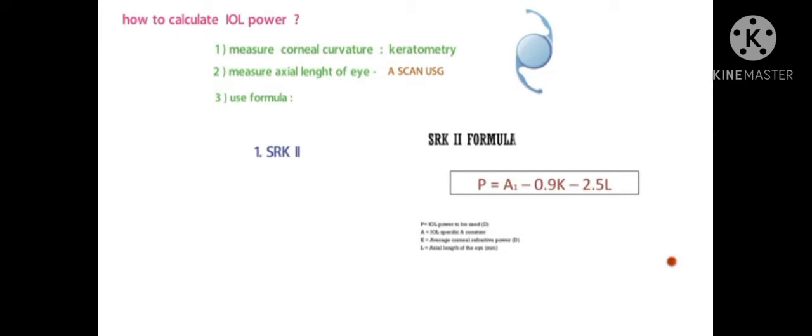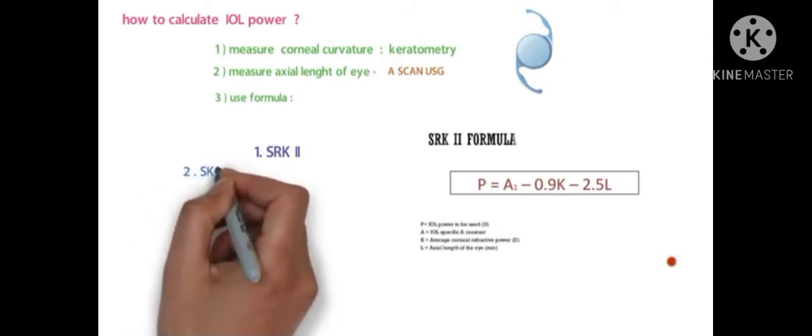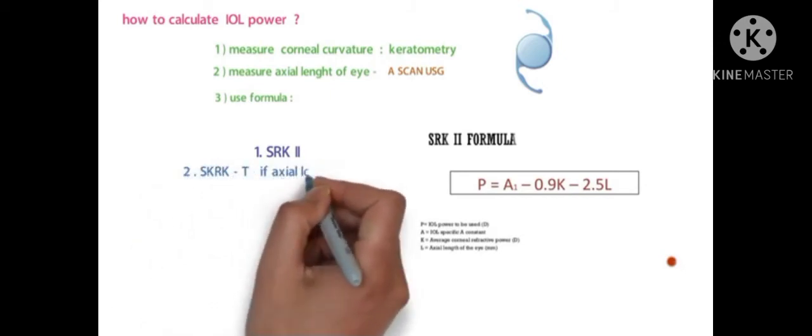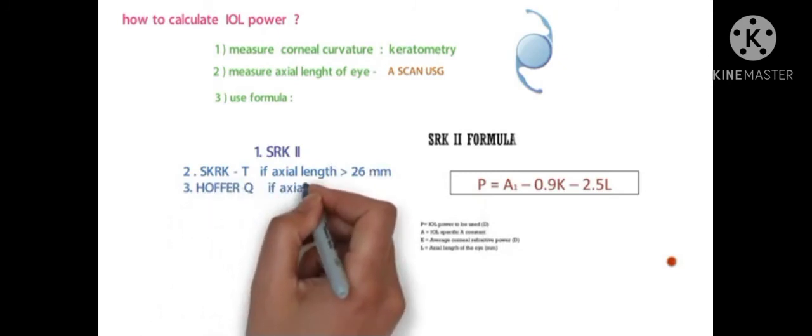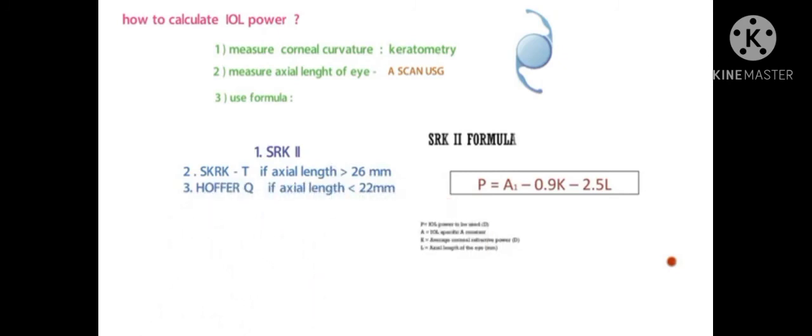So P equals A minus 0.9 K minus 2.5 L. This is the formula for calculation of the power of intraocular lenses. We can also use formulas like the SRK/T formula if the axial length is more than 26 millimeter, and the Hoffer Q formula if the axial length is less than 22 millimeter.